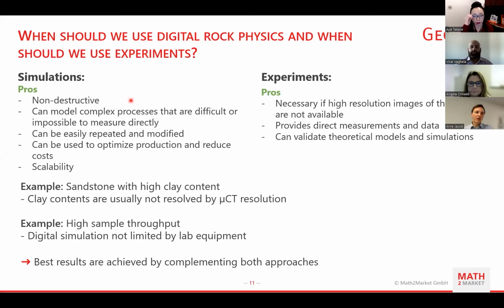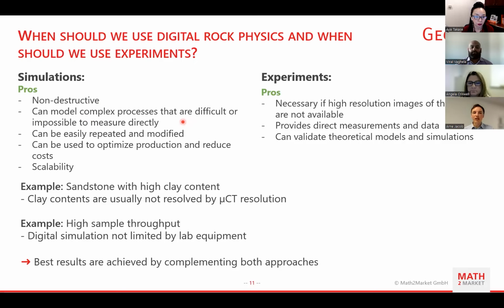And that, of course, will allow you to run other experiments or simulations on the same sample without destroying it. And that is a huge advantage of the simulations here. Then you're able to model very complex processes that are difficult or even impossible to measure directly by experiments.